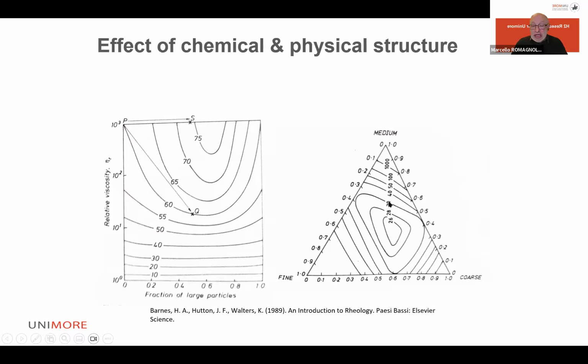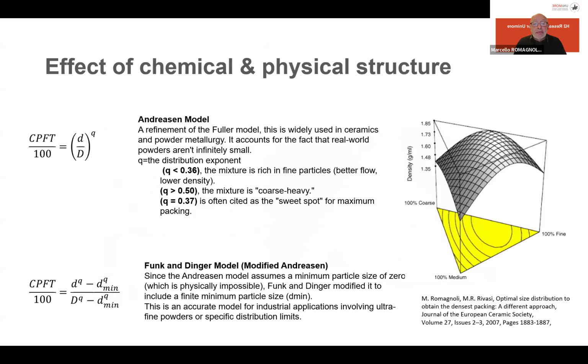You can see here, for example, that the lowest relative viscosity is not with the small particles or the large particles, but somewhere in the middle, with a size distribution that contains both particles.